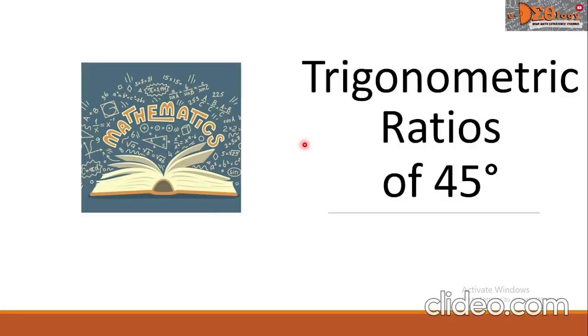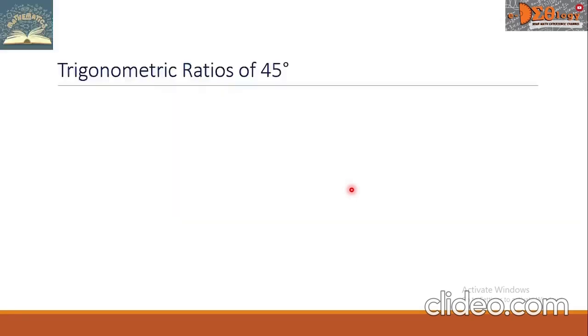Hi everyone, today we're going to study trigonometric ratios of 45 degrees. Given this right triangle with a right angle at B, so we know that the angles A and C are complementary, meaning the sum is equal to 90 degrees.